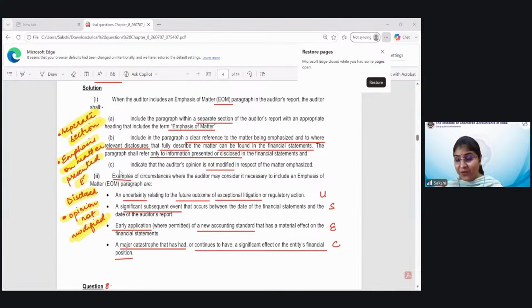Please see. And always start a new question from a fresh page. No matter if you have written a single line on the other page, no matter if you have just consumed 3 to 4 lines of the next page, leave that. Start a fresh question from a fresh page. Why am I saying that? Because while revising, you may come across that you have skipped another part of the question.